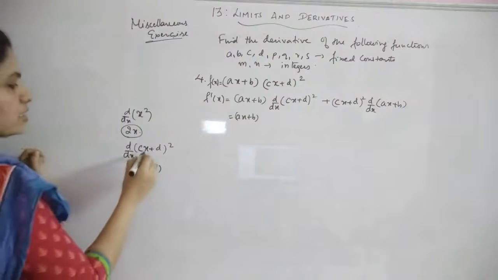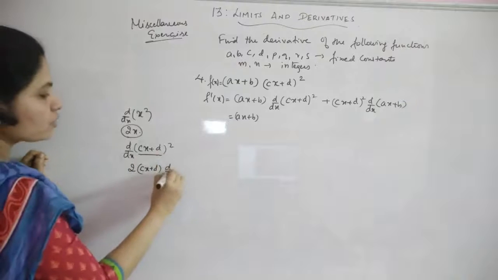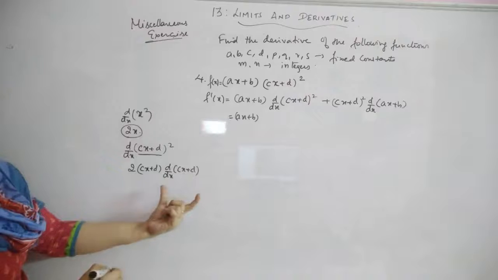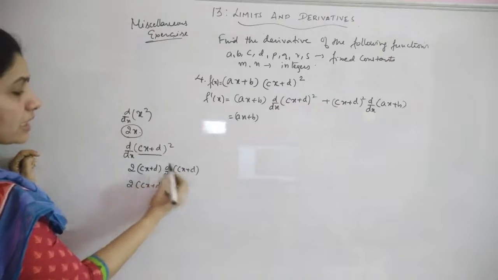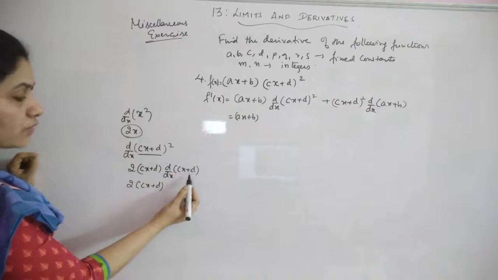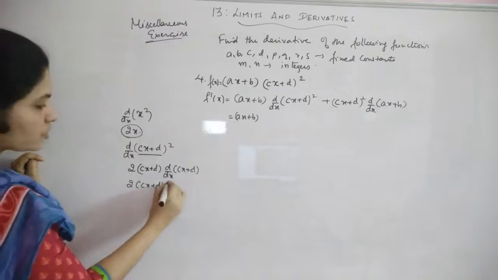Then what you need to do is, whatever is in place of that x, you have to write the derivative of that term also. And this is known as the chain rule. So here you are getting 2 into cx plus d into the derivative of cx plus d. The derivative of cx plus d will give you what? For the derivative of cx, c can be taken out, the derivative of x is 1, so you will get c.